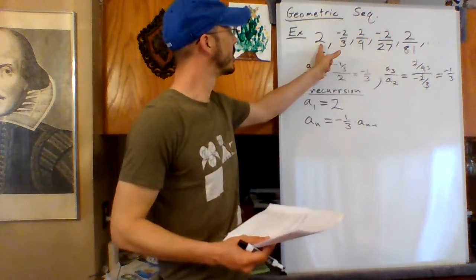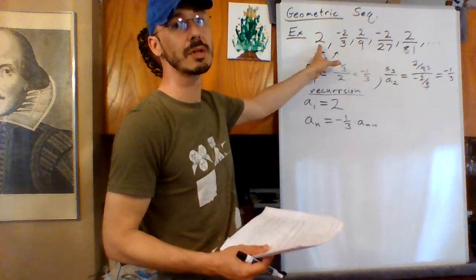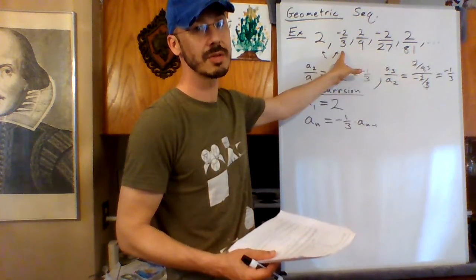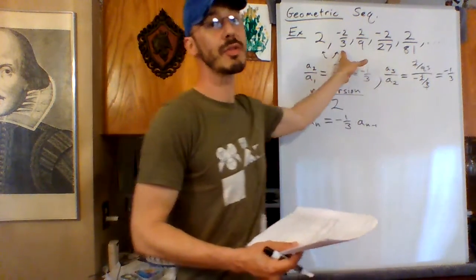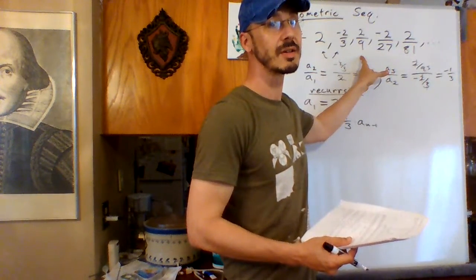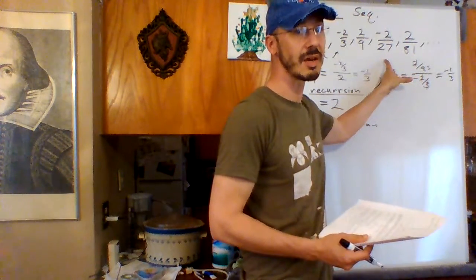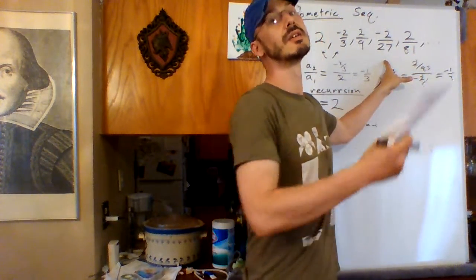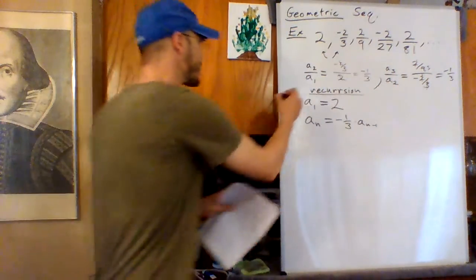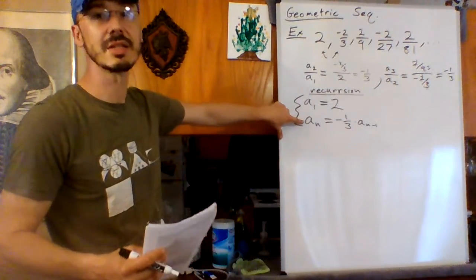So let's go down the line doing that with this. 2 times negative 1/3 is negative 2/3. Times negative 1/3 is positive 2/9. Times negative 1/3 is negative 2/27. Times negative 1/3 is positive 2/81.